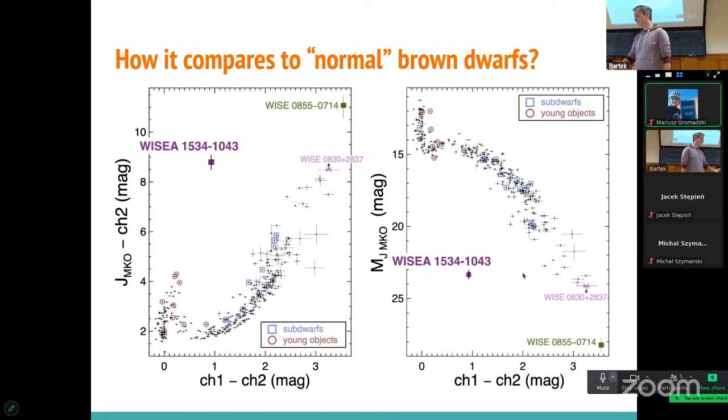So okay, it's either too blue or too faint. Well, just to say this simply, it's just not fitting any kind of sequence of these objects at all. So it's totally out of sight.